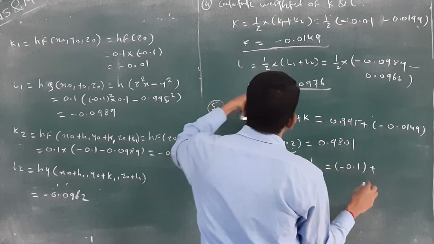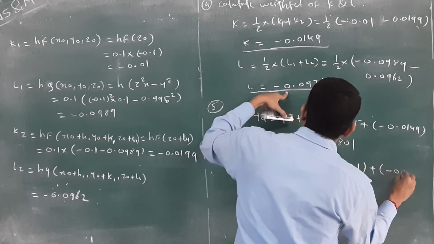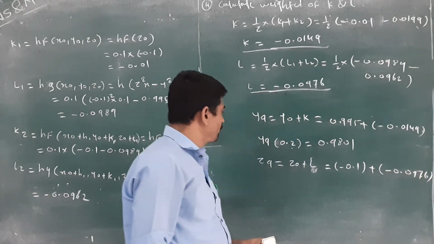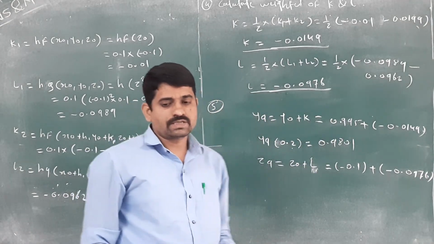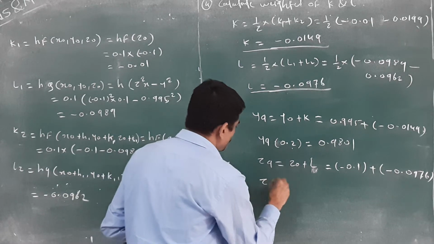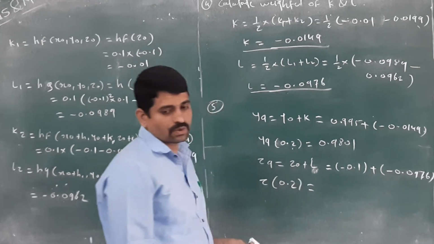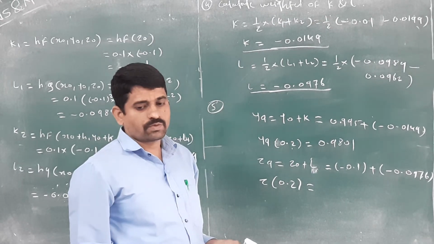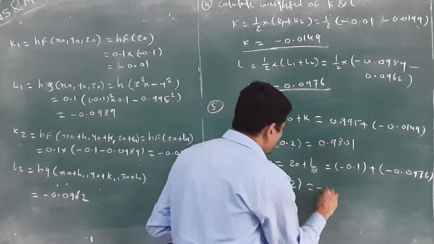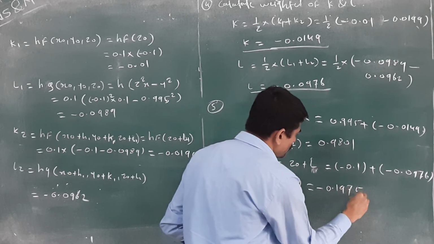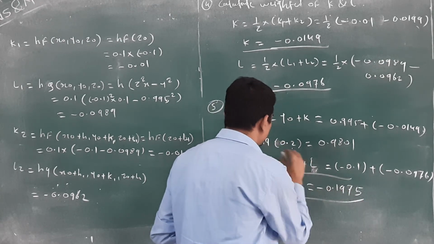L. What is the value of L? Minus 0.0976. Okay, this value is given. Then zg, you will get minus 0.1975. If these two values you will get.